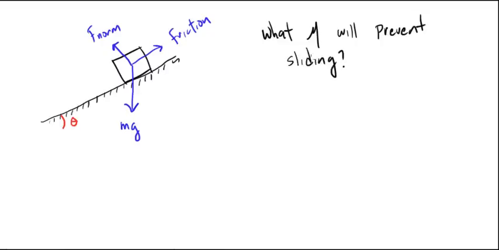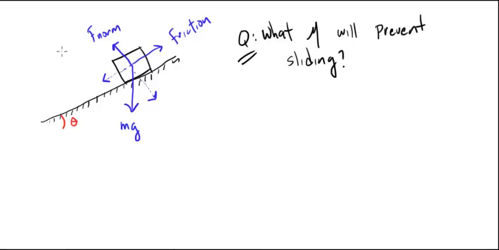Now I don't have any numbers, but I'm just going to think about, in terms of the values that we're given, what sort of mu value would be necessary. So let's first recognize that you can split mg into components. There's a component perpendicular to the surface, to the plane, and then a component that is parallel to the plane.